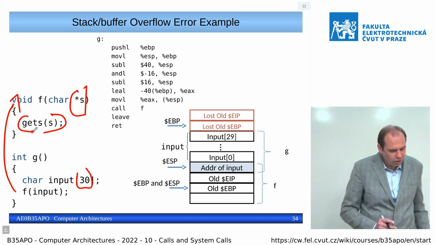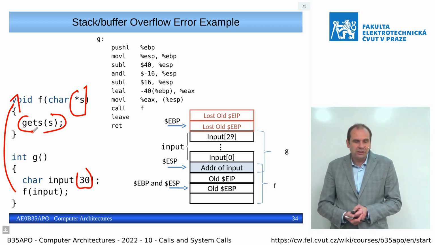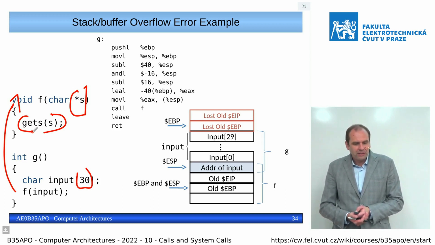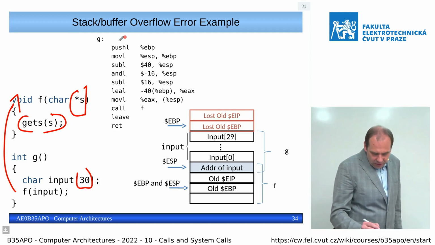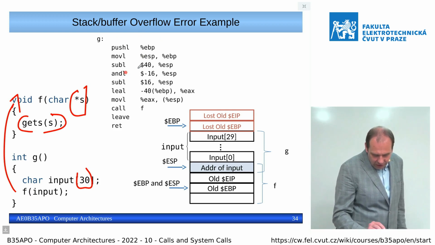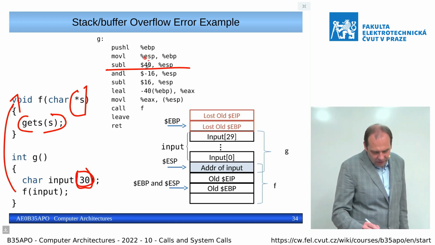function which should not be used at all, gets. It is a function which is in the standard, but it is an extremely unsafe function. And what happens there? g creates the stack frame, then it allocates the space for those 30 bytes. It has some reserve, and it is aligned and so on.